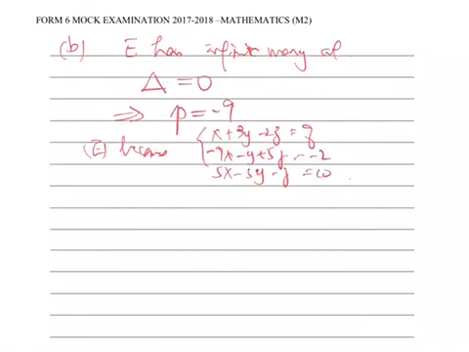We can solve this one by Gaussian elimination. So we look at the augmented matrix: 1, minus 9, 5; 3, minus 1, minus 3; and then 2, 5, minus 1 with the constant column q, minus 2, 10.